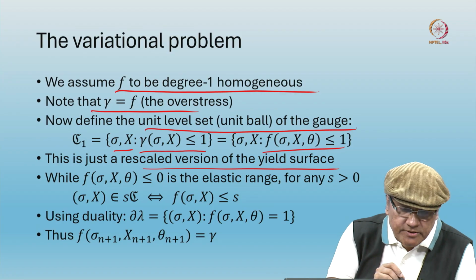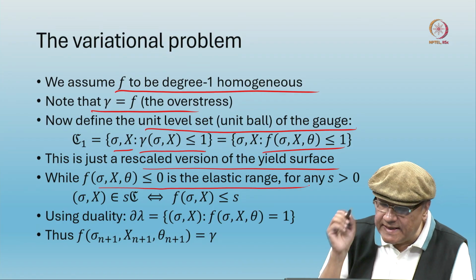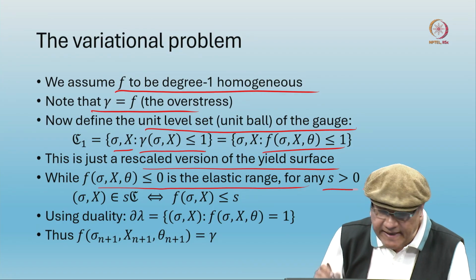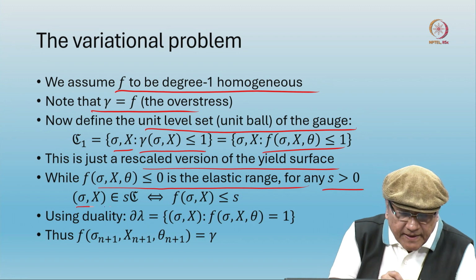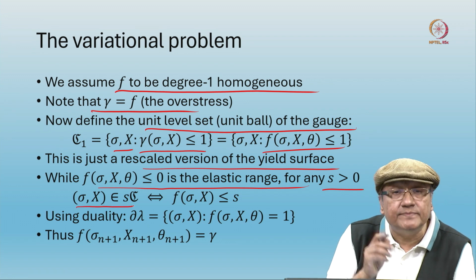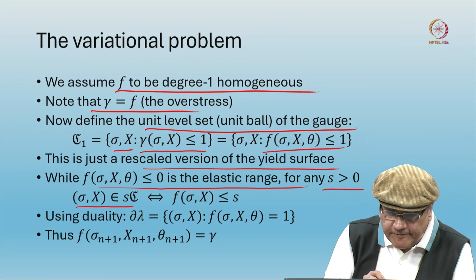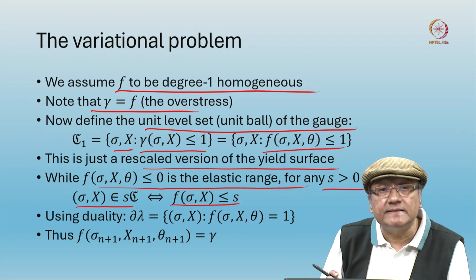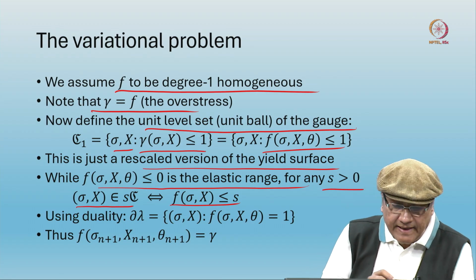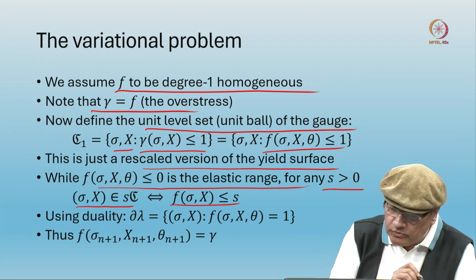So f less than or equal to 0 is the elastic range. So for any s greater than 0, sigma x must belong to s times the set C, which implies and is implied by the fact that f is less than or equal to s, and use the duality now, okay.